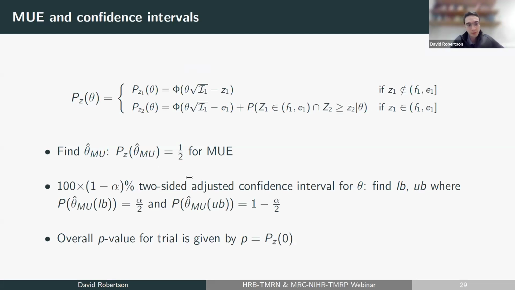And as mentioned, we also get confidence intervals. So we can find the lower and upper bounds by finding the values of theta which give a p-value function of alpha over 2 and 1 minus alpha over 2. And our overall adjusted p-value for the trial is found by plugging theta equals 0, that's the null hypothesis, into our p-value function.